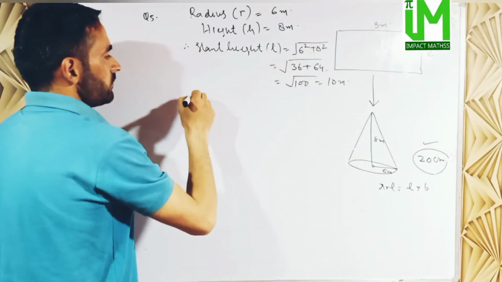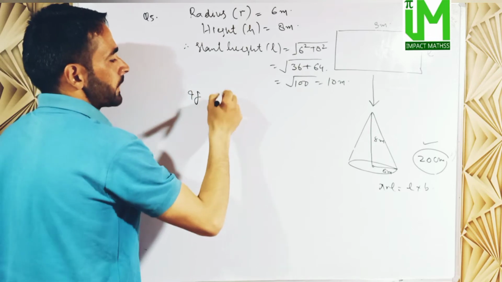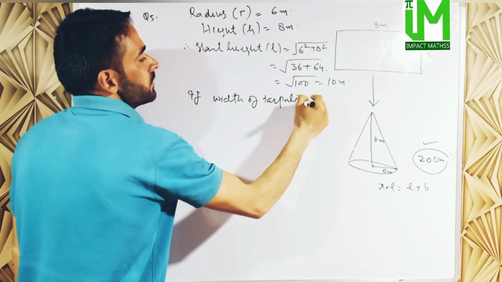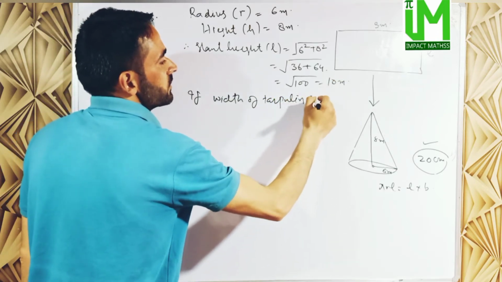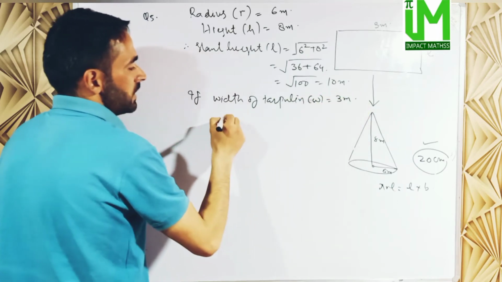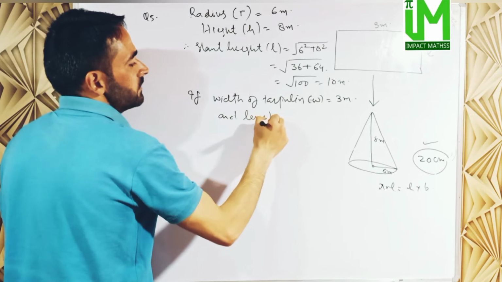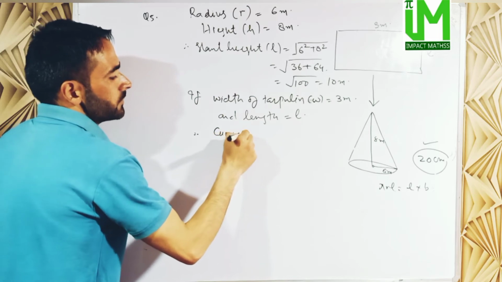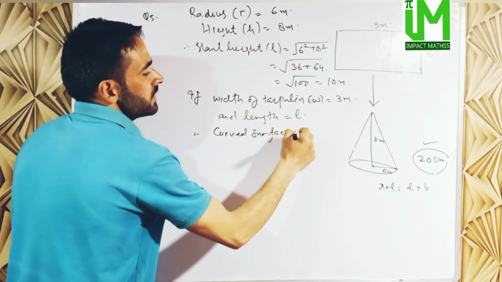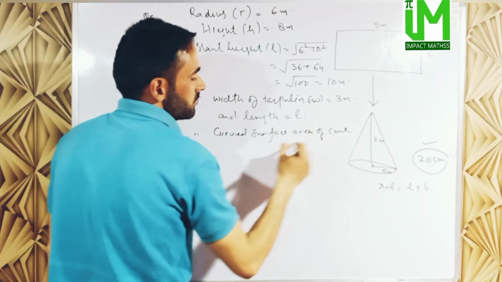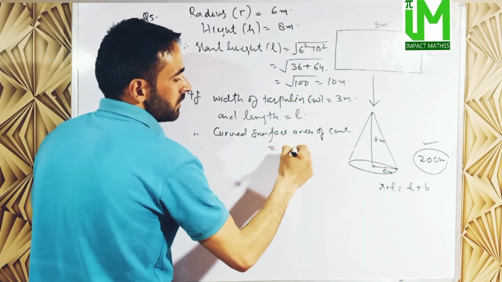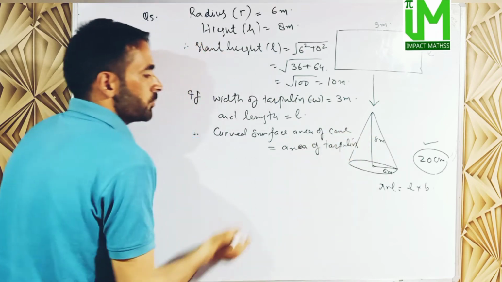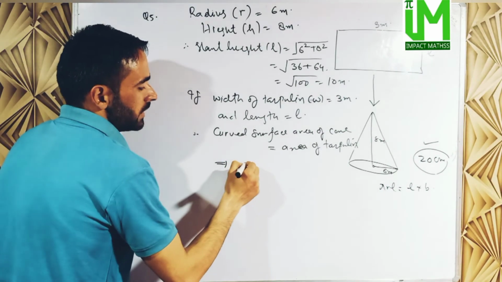Now if the width of the tarpaulin is W, and that is given to be 3 meter, and we denote the length as L, then we have pi RL, the curved surface area of the cone, equal to the area of the tarpaulin.